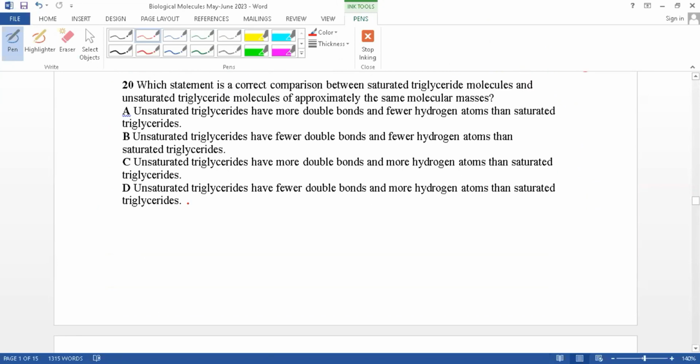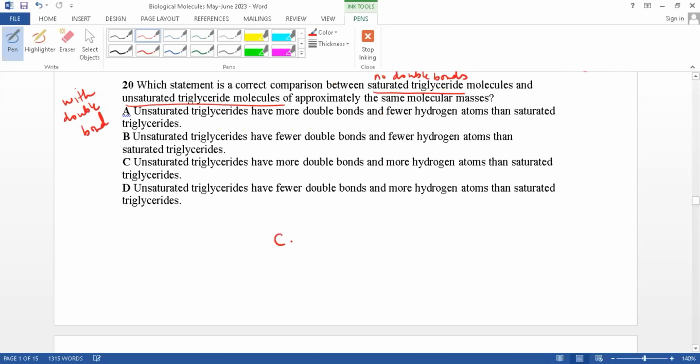Now, which statement is a correct comparison between saturated triglyceride having no double bonds and unsaturated triglyceride molecules of approximately the same molecular mass? So unsaturated is with a double bond, and you know, whenever a double bond is formed, the number of hydrogen atoms gets reduced.